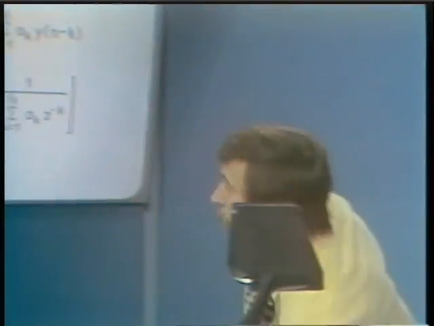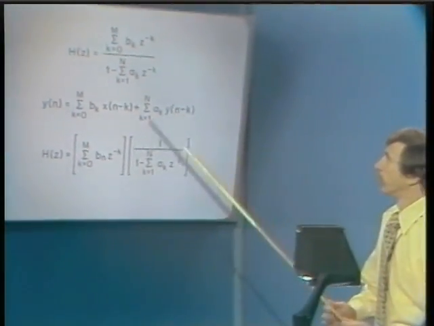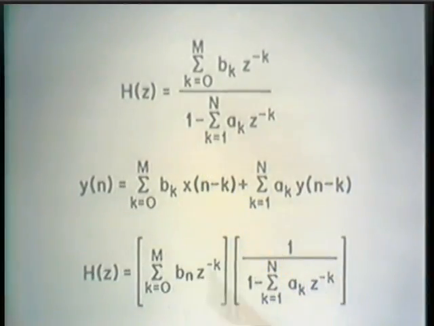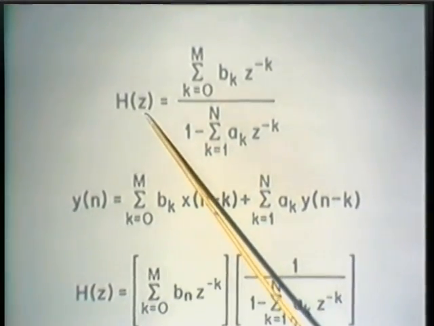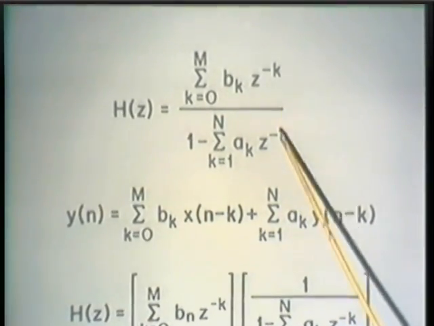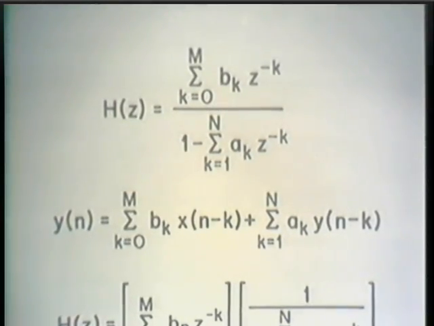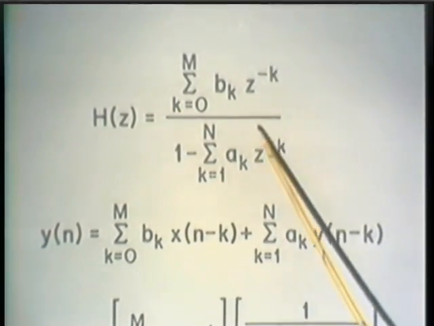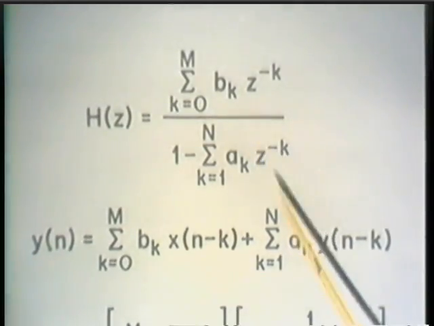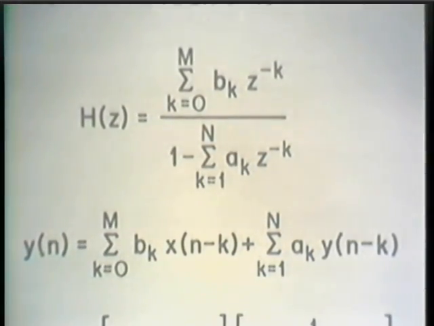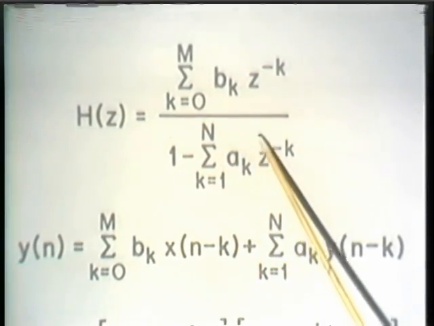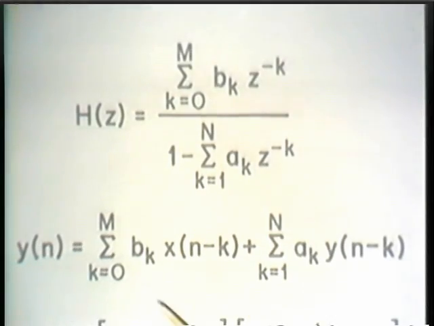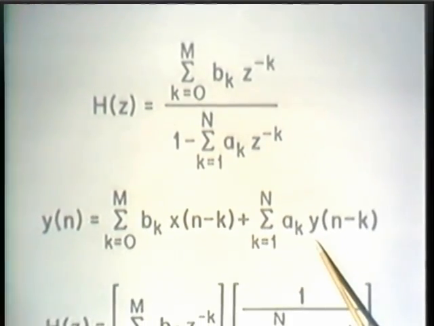To begin the discussion, let's consider the most general form, once again, for the transfer function of a digital filter, where we are assuming that the system function H(z) is a rational function in z to the minus 1. We recall from our previous discussions that a rational transfer function of this form corresponds to a linear constant coefficient difference equation. And in particular, the difference equation corresponding to this system function is the difference equation that I've indicated here.